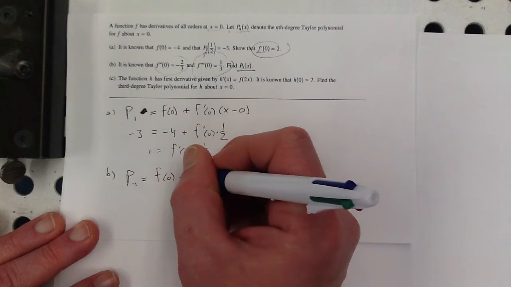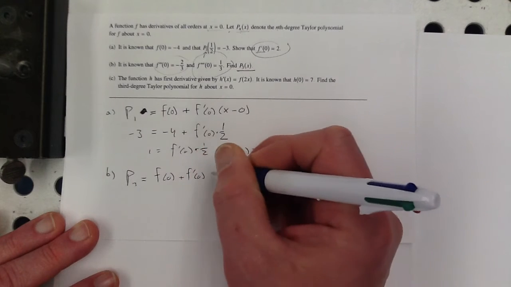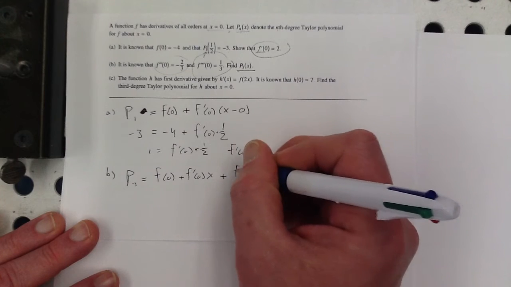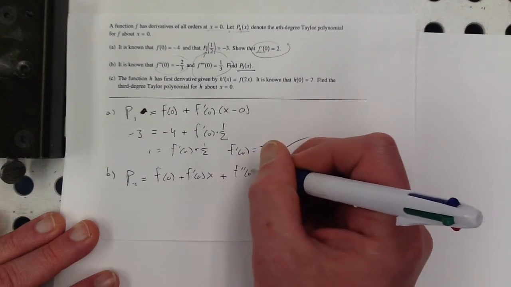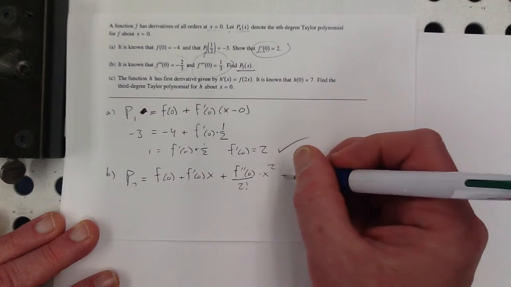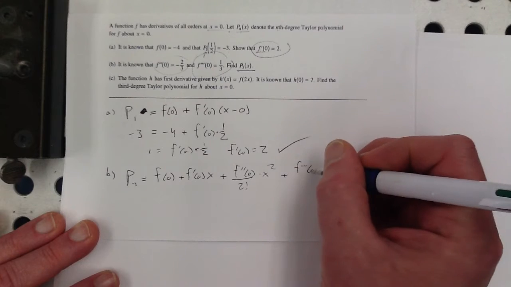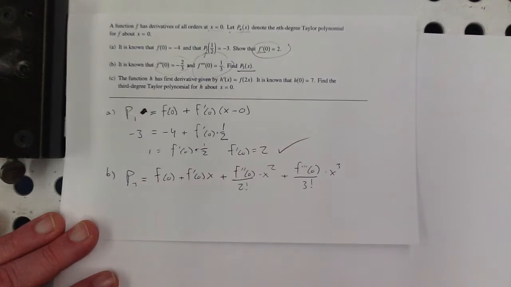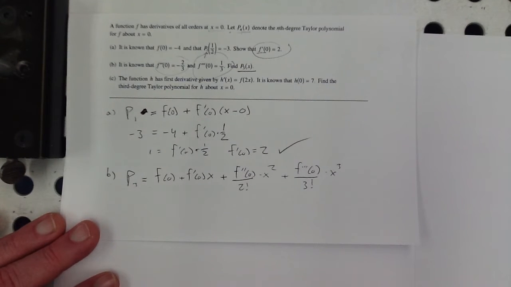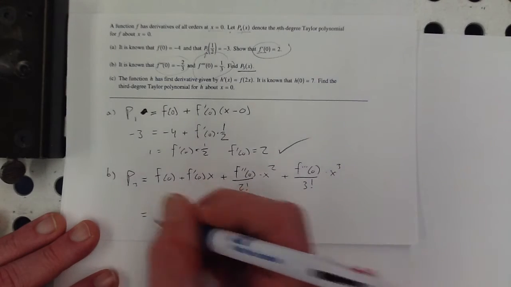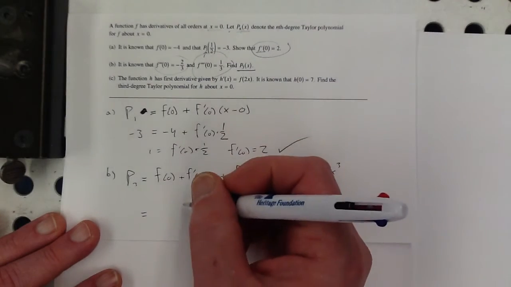F of 0 plus f prime of 0 times x to the first over 1 factorial plus f double prime of 0 times x squared over 2 factorial plus f triple prime of 0 times x cubed over 3 factorial. That's the third degree. I don't know why, but the number one mistake is to forget to divide by those factorials. That's what I've seen students do a lot.